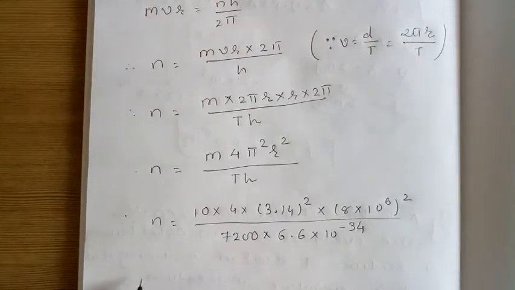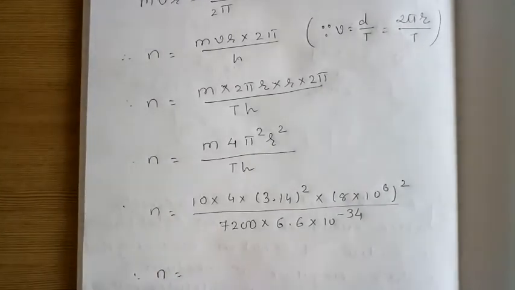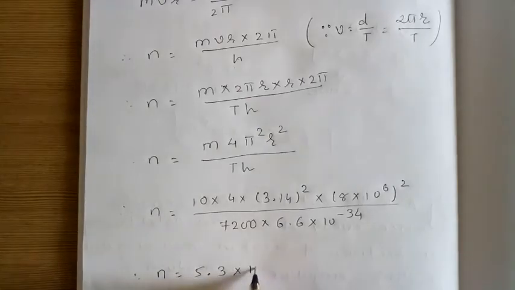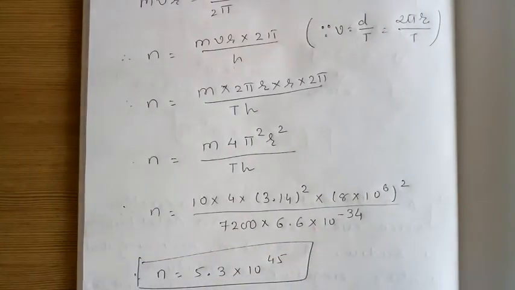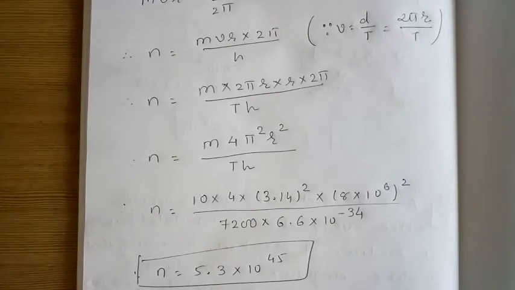After calculating this, we get the value of n is equal to 5.3 into 10 raised to 45.